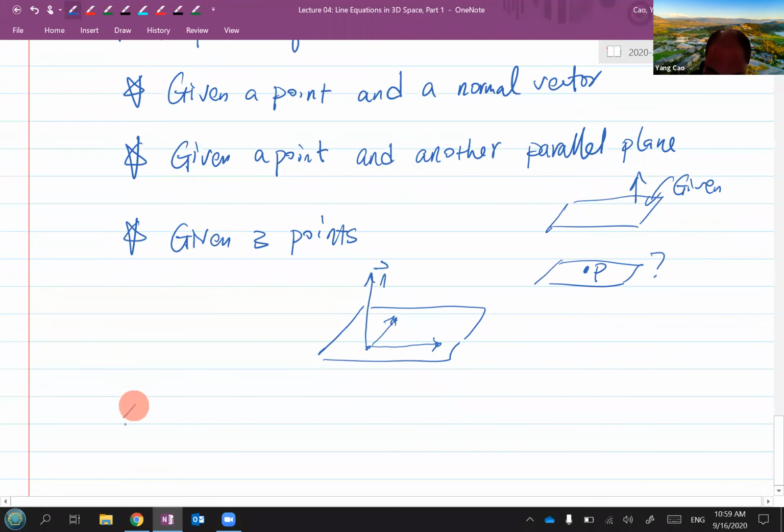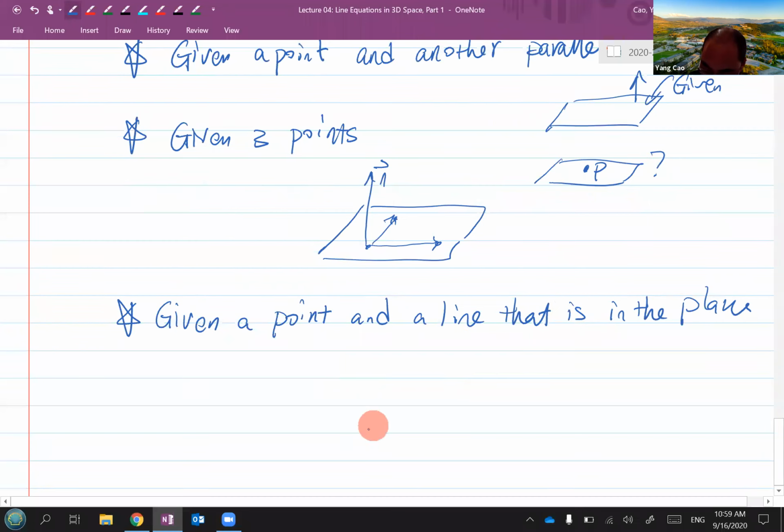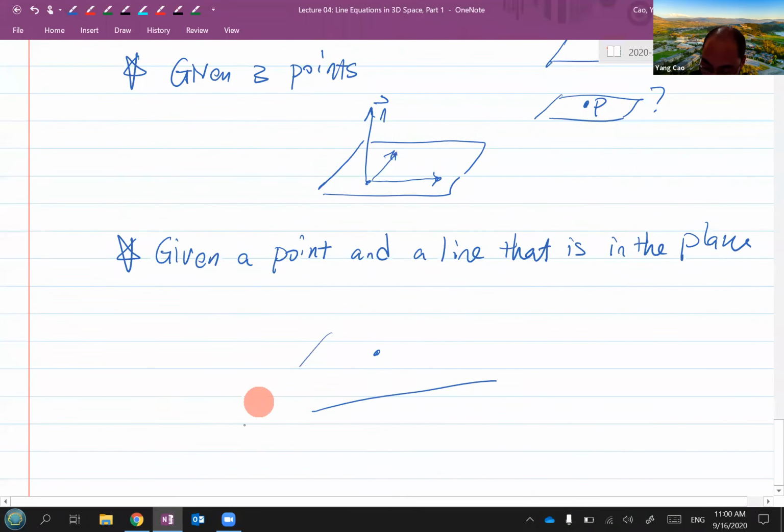Good. Another possible type, which we're going to learn shortly, is that you're given a point and a line that is in the plane. So here's a point and here's a line, and with these two, you will be able to uniquely determine a plane.